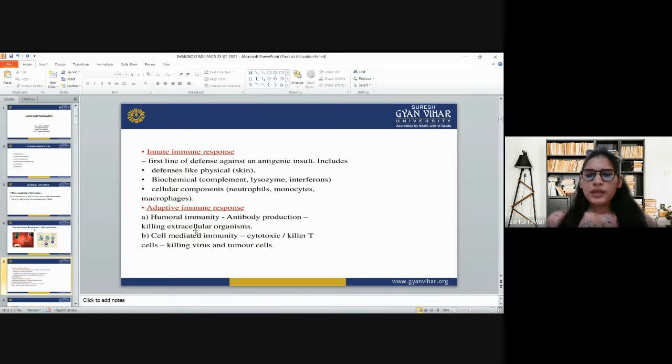Then we have cellular components, which are neutrophils, monocytes, and macrophages. The adaptive immune response includes humoral immunity, which is antibody production and killing of extracellular organisms. Then we have cell-mediated immunity, which involves cytotoxic and killer T cells that kill virus-infected and tumor cells.